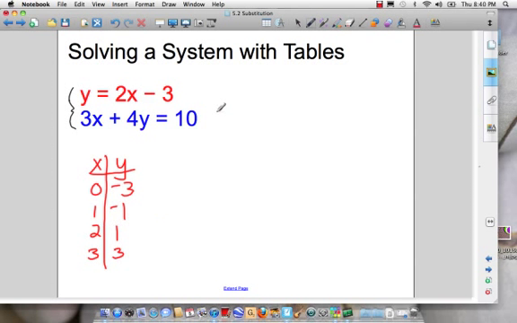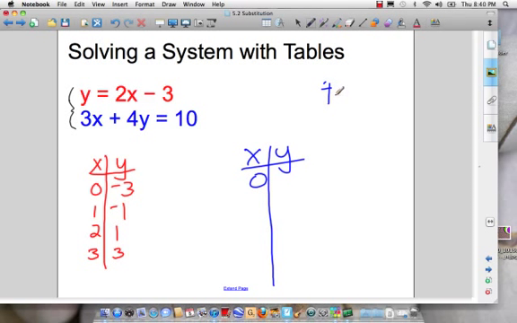Okay, let's go ahead and make another table in blue for 3x plus 4y equals 10. So x, y. Alright, suppose x is 0. Well then you have 3 times 0, that's 0. So 4 times y has to be 10. So let's think about that.